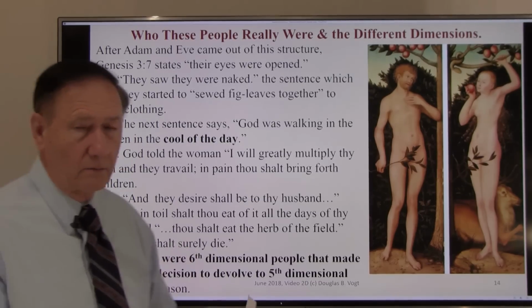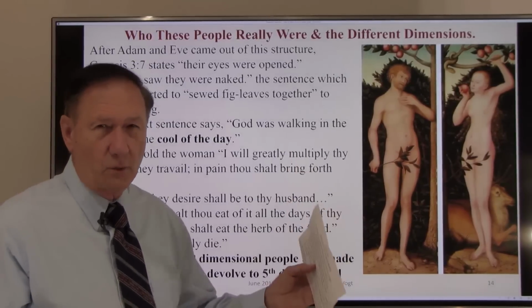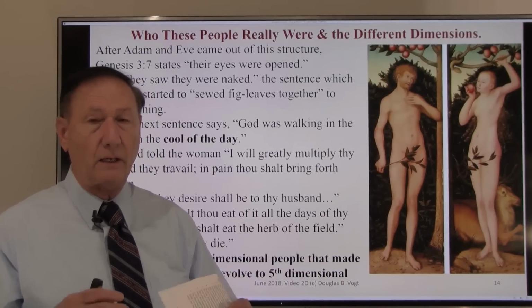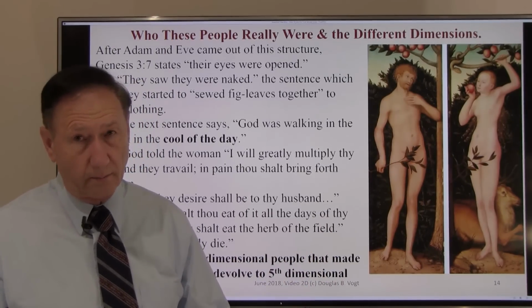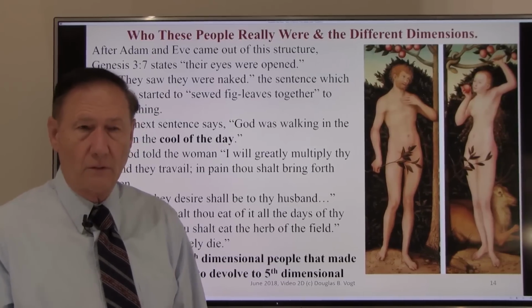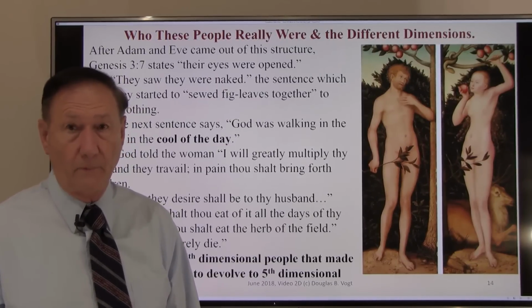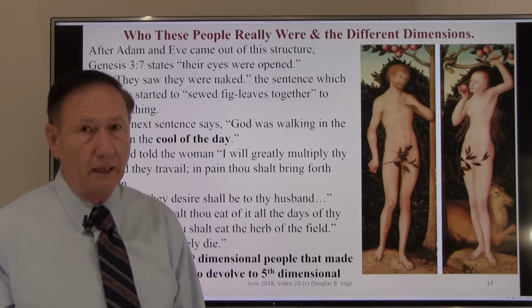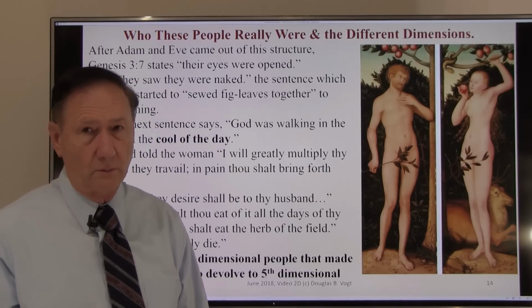So when they came out, how come it says their eyes were open? All of a sudden they then see the physical world. Gee, how do you like that? The vibrant colors of the leaves, the ground, the sky, the sun, and everything else that they didn't see before. Never.